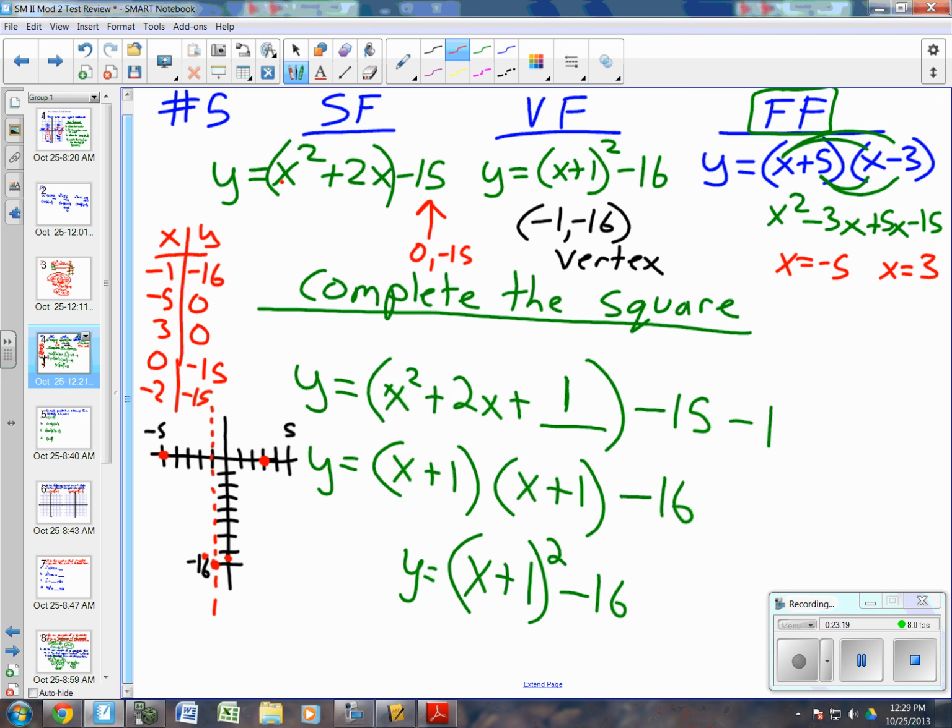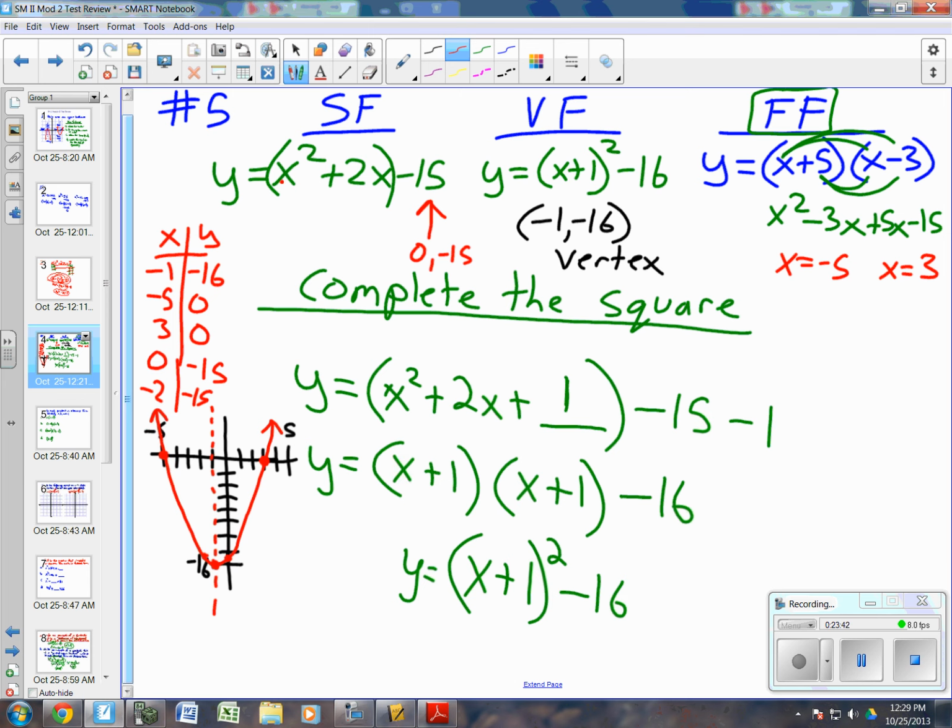It only wanted us to get how many points? 2. So now I can draw my graph. Oh, it said 2 on each side of the vertex? Okay, so it wants us to get 5 points. Okay, there's our 5 points right there, right? Because remember the axis of symmetry reflects points over?